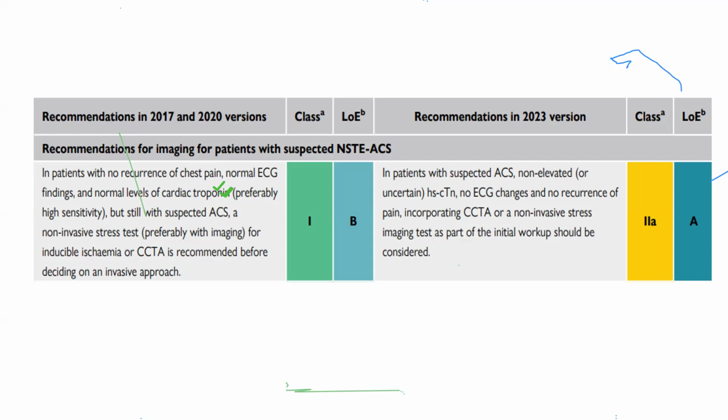It was a class one, but now the level of recommendation has reduced to 2A in patients with suspected ACS with non-elevated or uncertain cardiac troponins, no ECG changes, and no recurrence of pain. Incorporating the coronary angiogram, CT coronary angiogram, or non-invasive stress imaging as part of the initial workup has been reduced to 2A.